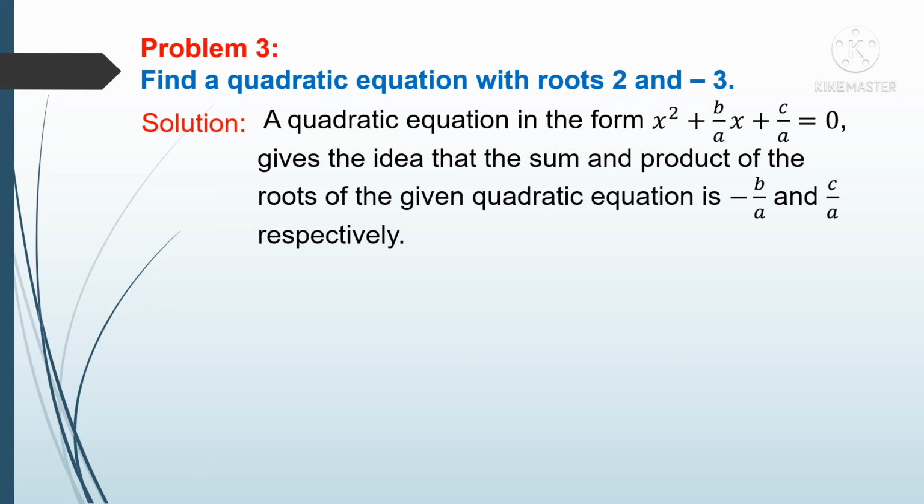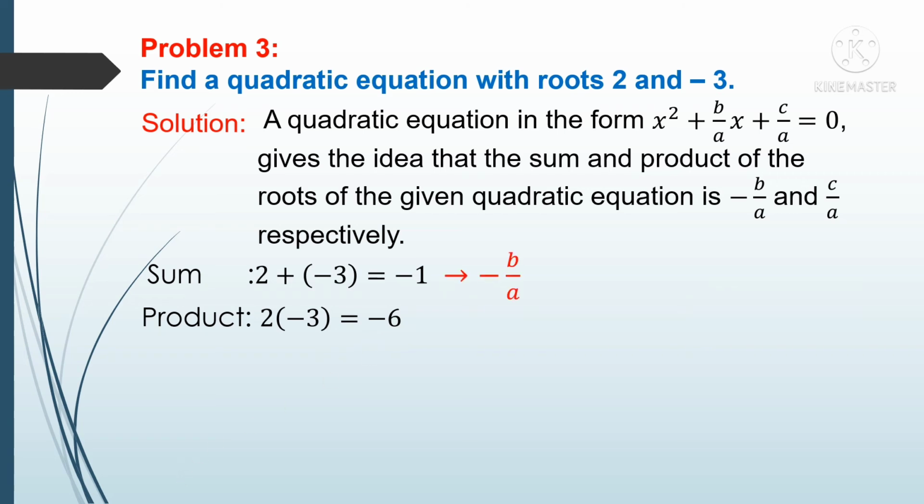So we have positive 2 plus negative 3 equals negative 1. And 2 times negative 3 is equal to negative 6. Okay, your negative 1, that is equivalent to negative b over a. And negative 6, that is c over a.